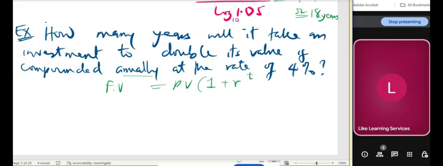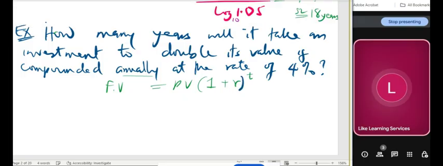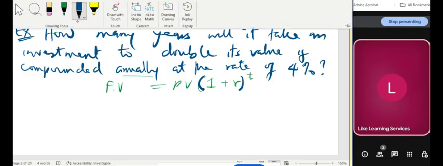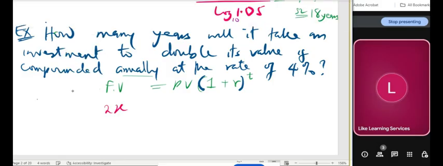Alright, so t is what we're looking for. For you to double, it means it's going to be 2 times, isn't it? So the present value will be x. So that's why all those things are not needed.